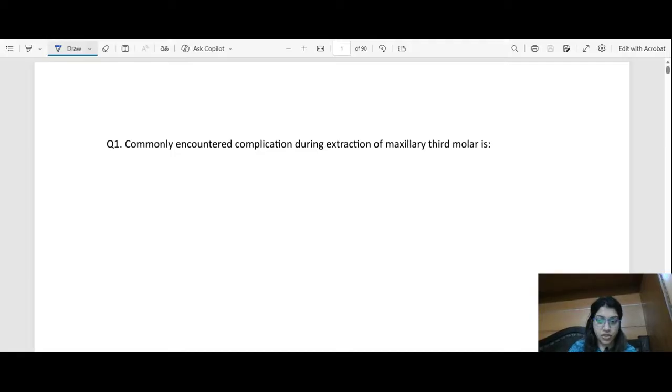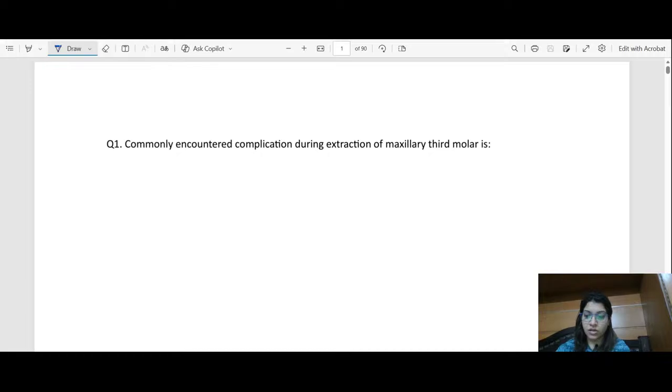So the first question for the oral surgery PYQs is: a commonly encountered complication during the extraction of the maxillary third molar.